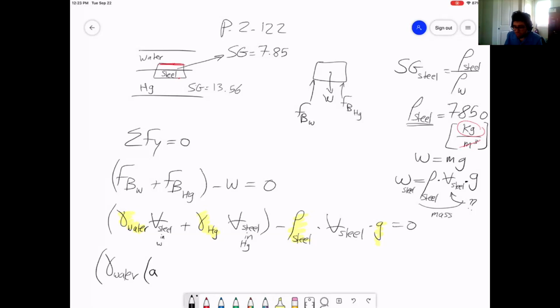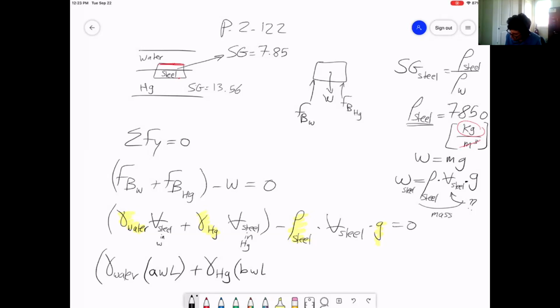Yeah, let's write it. So A times W times L, times gamma Hg times the volume of steel in mercury, BWL. Exactly.